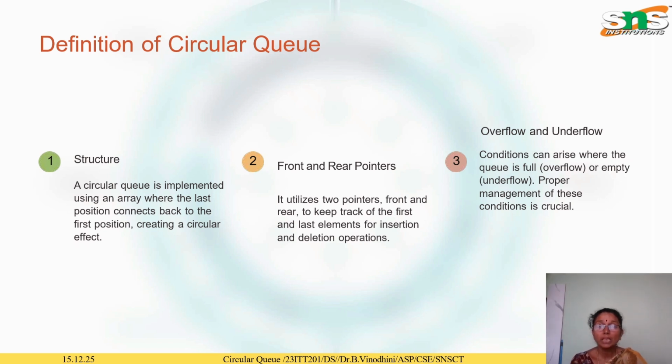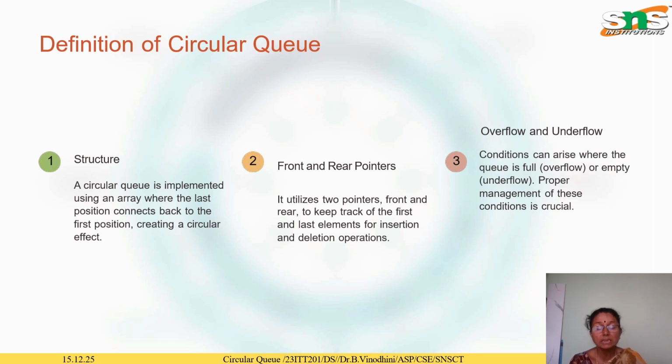Next, we have the two pointers, front and rear. The front and the rear keep track of the first and last element of the particular circular queue. We can insert the element at the rear part and we can delete the element at the front part. Next, the two main conditions are overflow and underflow.